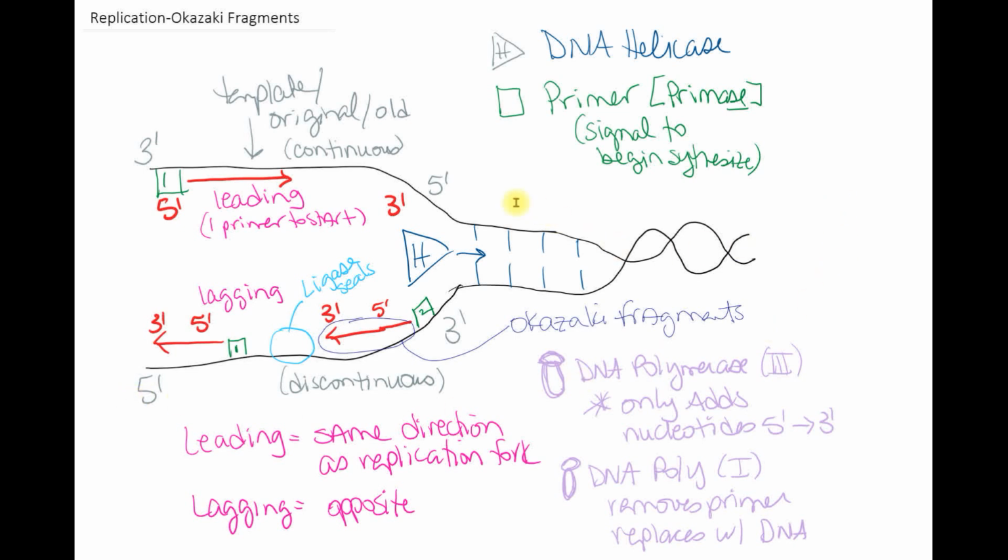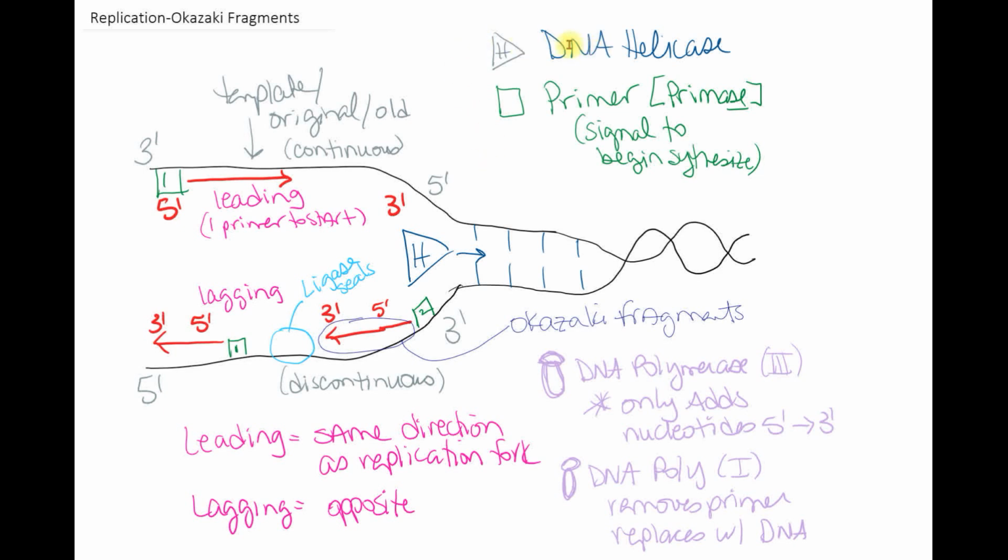Now, when I'm ready to replicate, to make an identical copy, first I need to open up the DNA molecule. There are other enzymes involved in this, but we're just going to focus on a few. Some of the other enzymes are used to keep the molecule open, but we won't get into that.